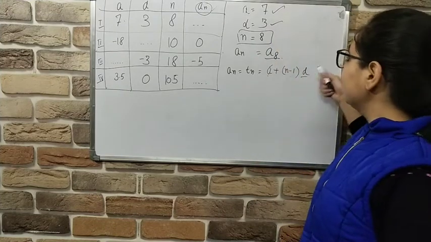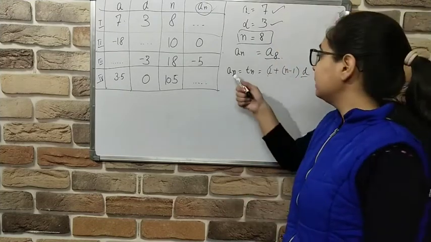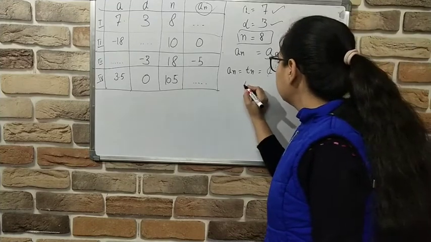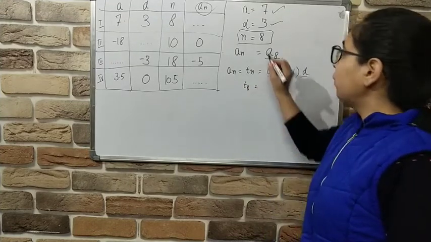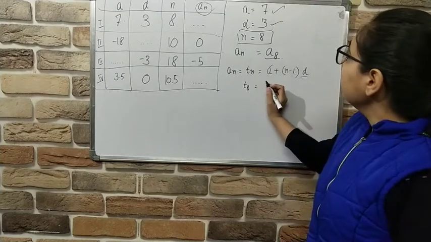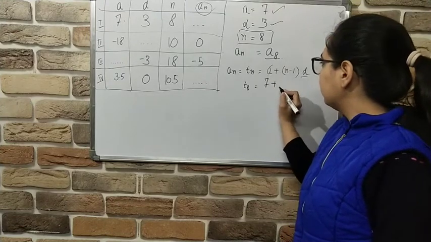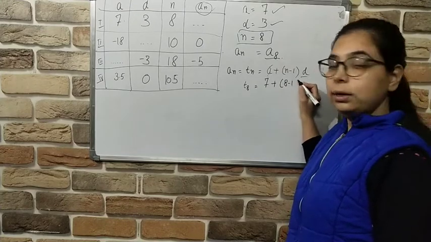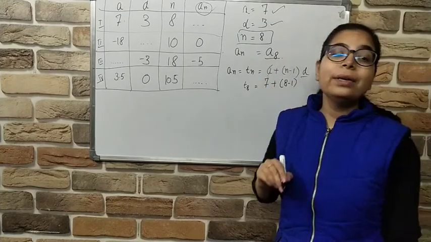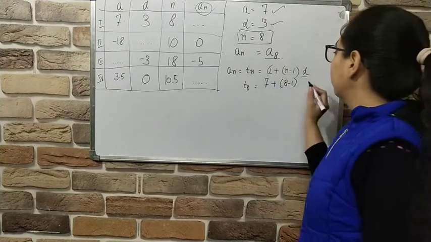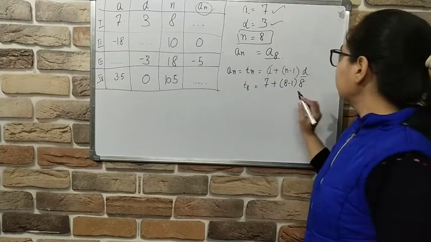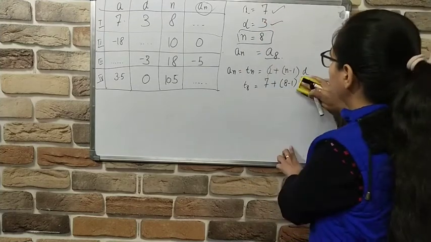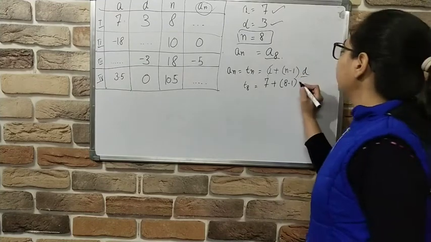Now put the values and conclude the nth term, that is a8, which is equal to a, which is 7, plus n, which is 8, minus 1, into d. Now what is d over here? D is 3, so we have to put 3 over here.